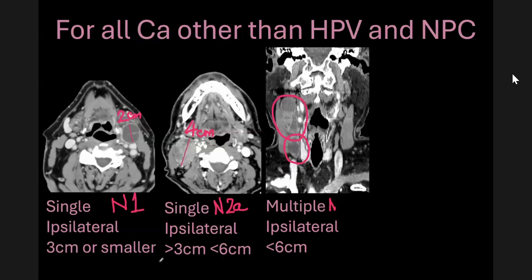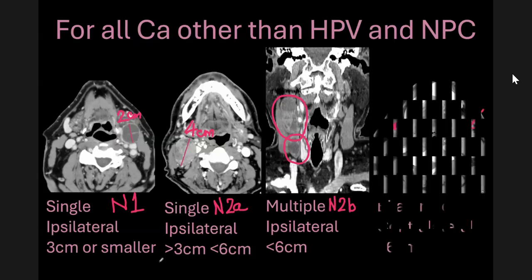And then when you have bilateral or contralateral lymph nodes, lymph nodes on the other side of the cancer that are less than 6 centimeter, that is N2C staging.